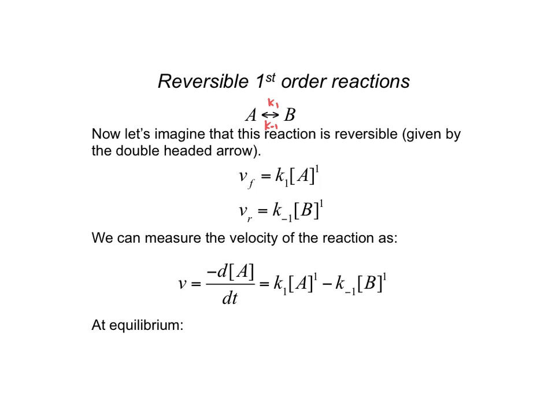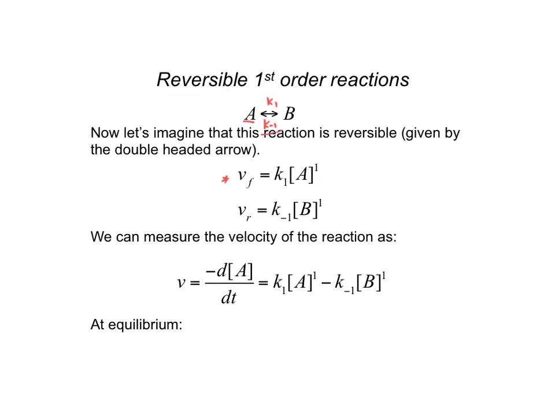So how would I write, again, if this is an elementary step, how would I write the rate law for the forward reaction? So we have only one reacting species, right? It has a 1 in front of it, so it's first order, because again, this is an elementary step. We have a rate constant associated with it. So the rate law for the forward reaction would just be rate is equal to k times A raised to the first power, right?